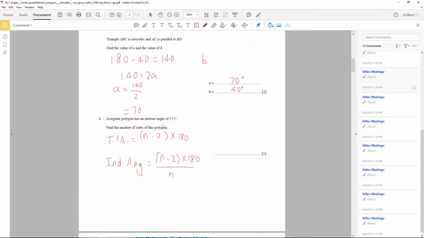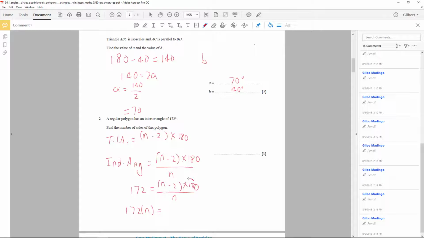Right, now they've told you that the interior angle is 172, therefore 172 equals to n minus 2 times 180 over n. To find n, look, we only have one unknown in this whole equation, so we need to solve for n. To solve for n, bring this n up, 172n equals to n minus 2 times 180.